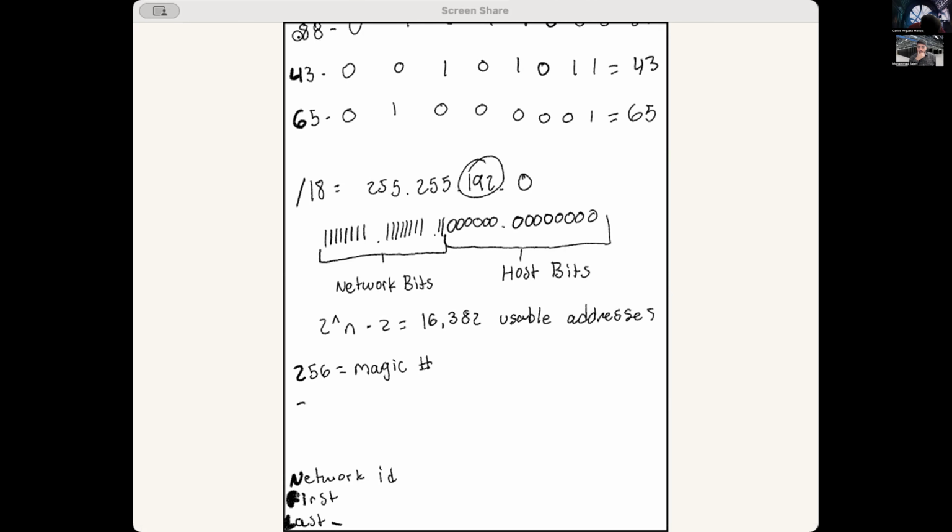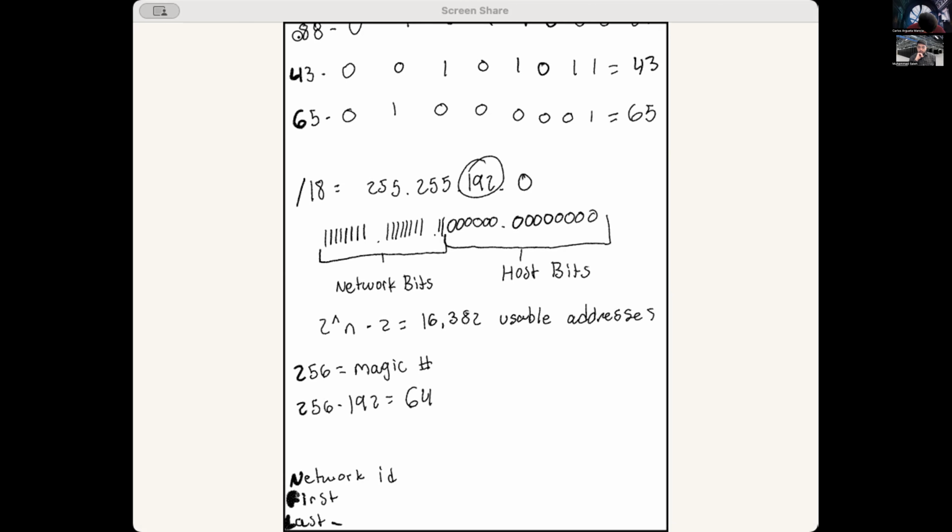So we'll do 256 minus 192, which gives us 64.